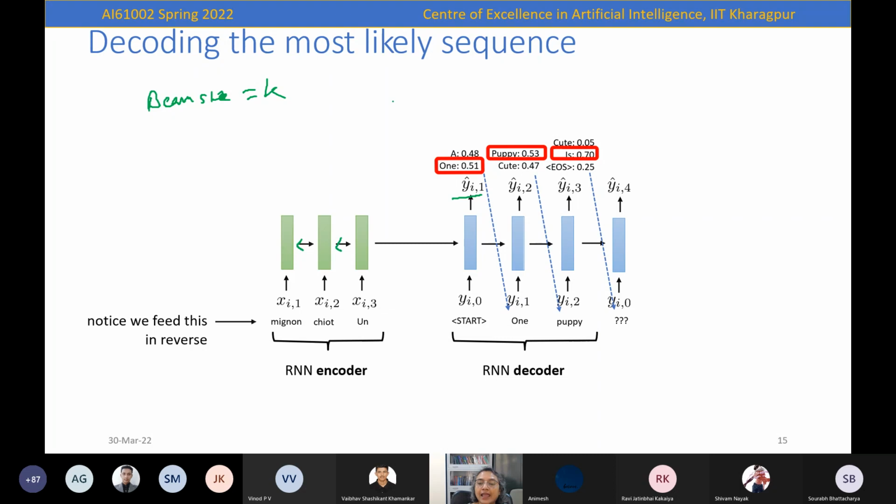Suppose the beam size is K, then you choose the K most probable words at each step, and you use a non-greedy method, which finds a sequence based on certain constraints, whose probability is the highest, instead of taking a greedy decision. So I will illustrate it subsequently.